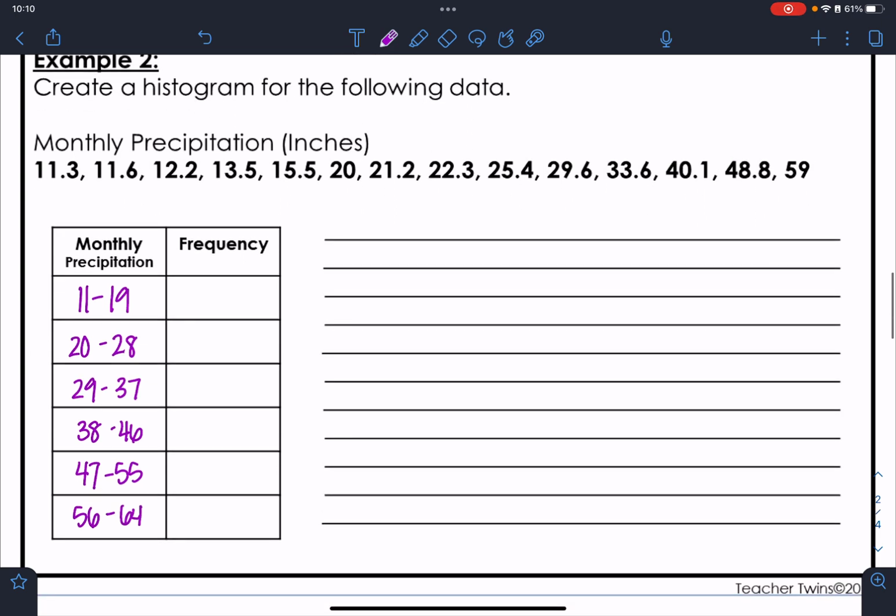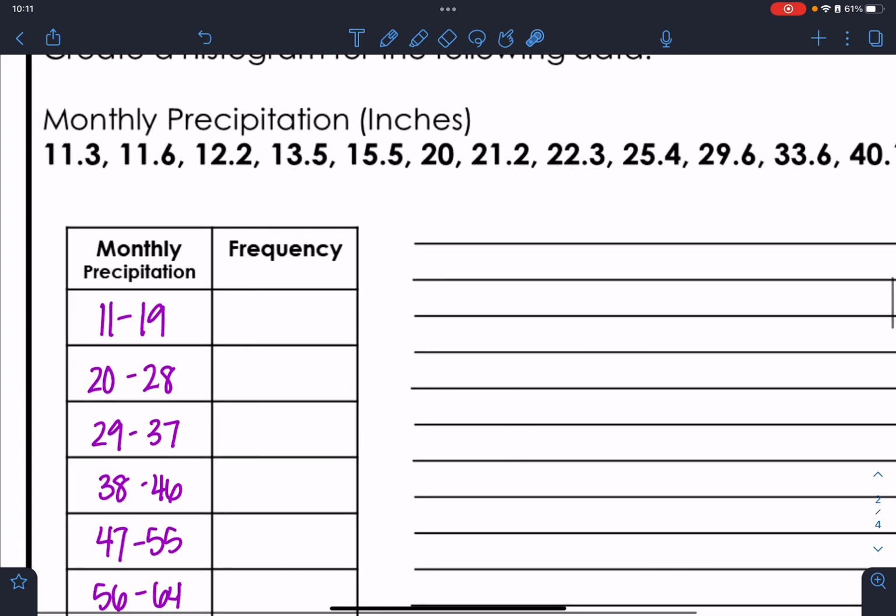So here's my information. We are given monthly precipitation, which is just rainfall in inches. And so we want to look at how many times I see numbers in between 11 and 19. That's my first category. So I'm going through any number that falls between 11 and 19. Okay, that's going to be my first count.